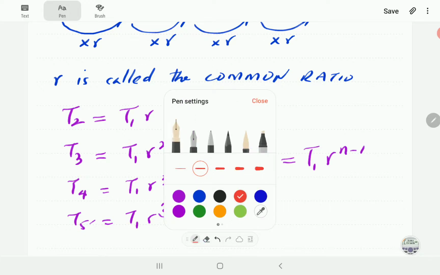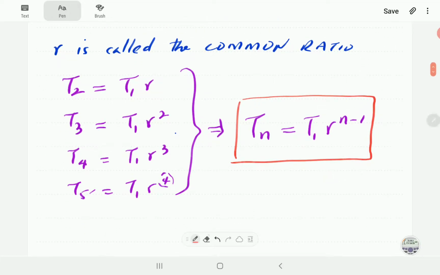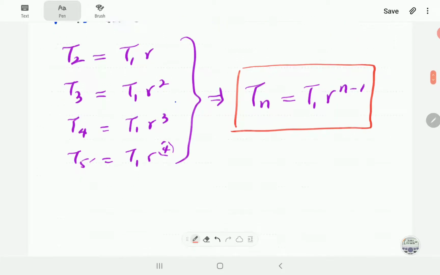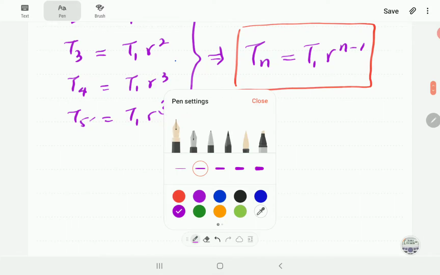And this is what we call the formula for the nth term of a geometric progression or a geometric sequence, where this is term number n, this is the first term, and r is the common ratio. All right, so that is the formula for the nth term.